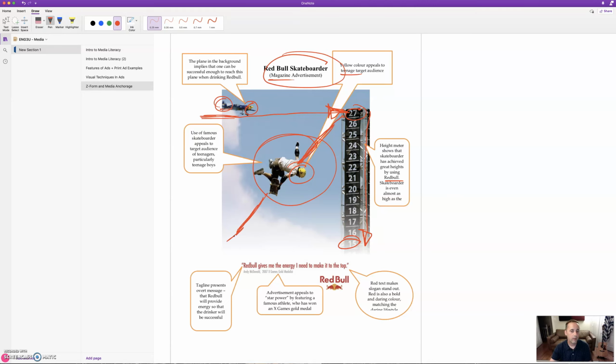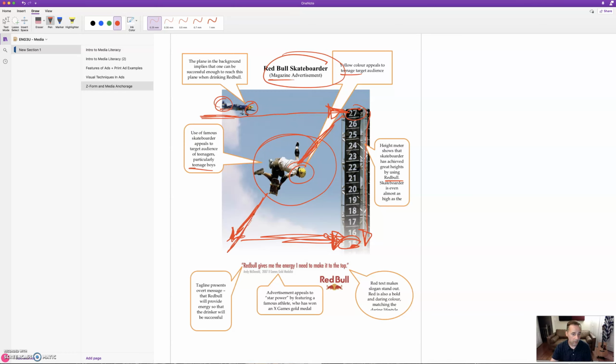Then we would go down here, and there's nothing really here for us to look at. So immediately we would go back this way and realize, like, wow, he's come way higher than this level. So supposedly it's like super powerful Red Bull, right? Obviously they want to appeal to teenage boys and stuff based on that.